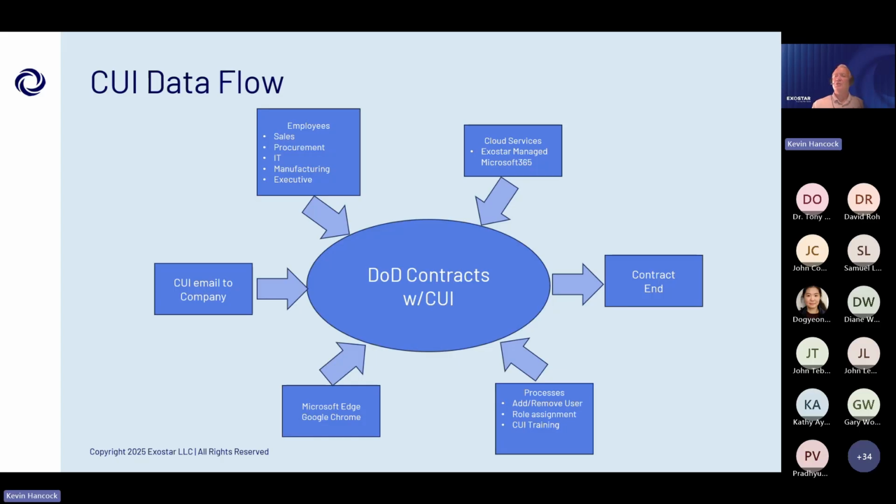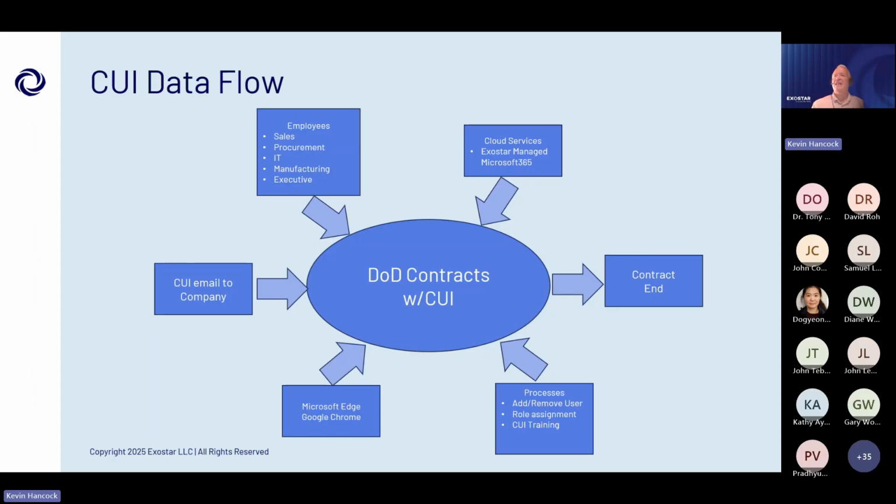And this will help you define that overall scope, because this is going to tell you the people, the processes, and the systems that store, process, or transmit that controlled unclassified information.